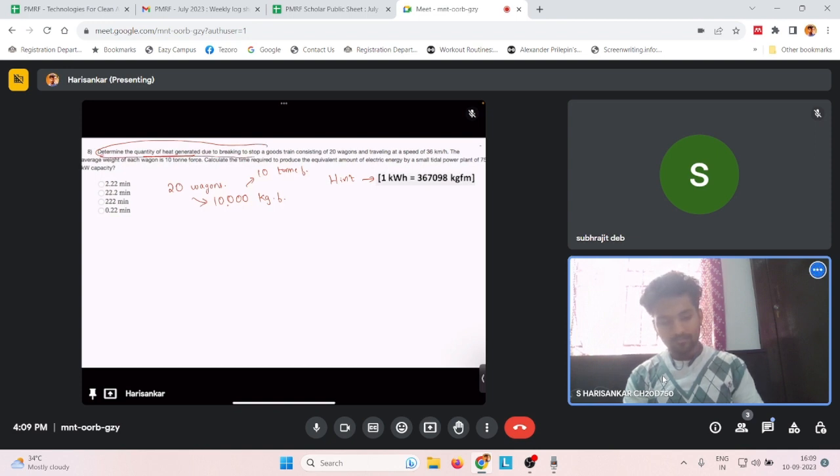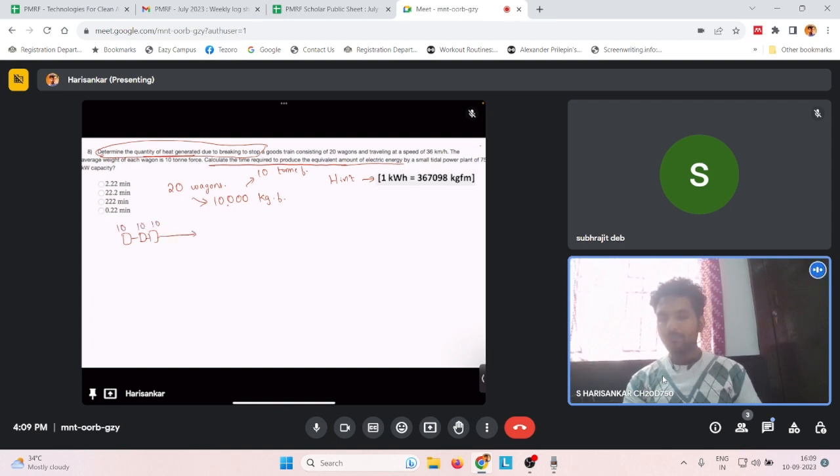Okay, so actually this part is not given in the options. So let us not bother with this for now. What we need to find is basically to calculate the time required to produce equivalent amount of electric energy by a small tidal power plant. So let's say we have 20 wagons like this, moving with 10 ton force for each wagon, and we are applying brake here.